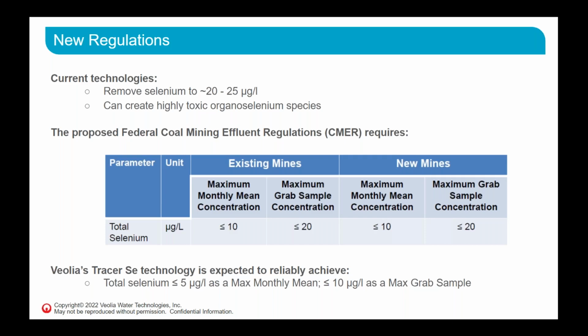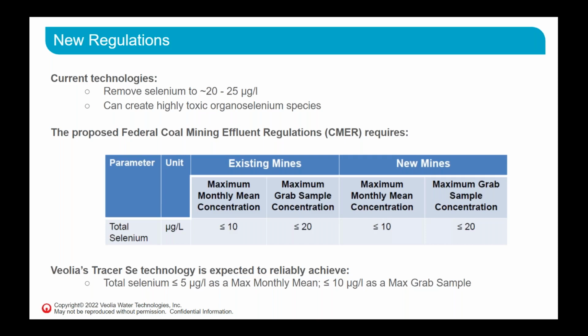That's actually an issue because most treatment technologies right now, especially biological reduction to elemental selenium, have difficulties getting below 20 to 25 micrograms per liter on a consistent basis.